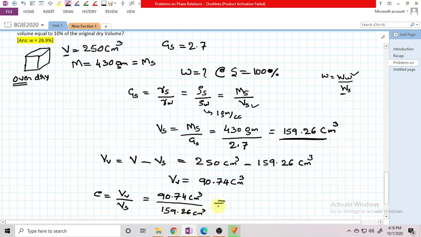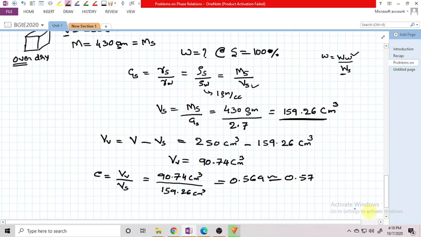So how much will you get? Let me calculate here. 90.74 divided by 159.26, so 0.569. That can be taken as 0.57 is the void ratio.